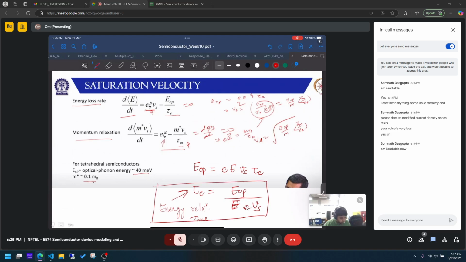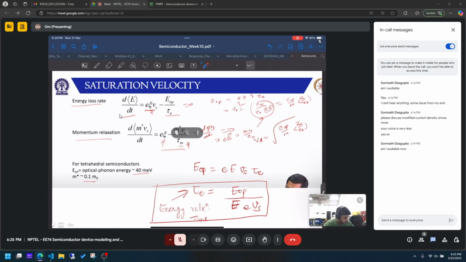We'll also see where these equations come from in a while. But for now, the significance of tau E is that it's kind of a scattering time, defining how energy changes with collisions with optical phonons.